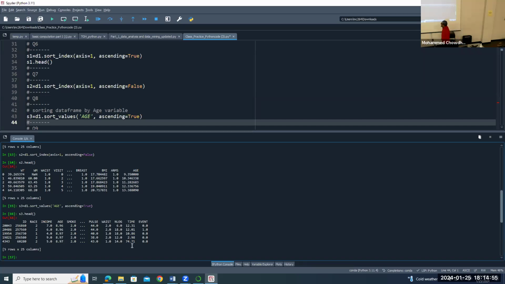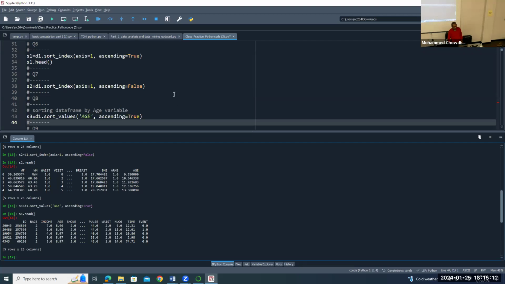Now it is coming in an ascending order. Are you seeing now the value changed from the previous one? Okay. So how can you sort the entire data frame by a variable? That could be achieved by running line number 43.